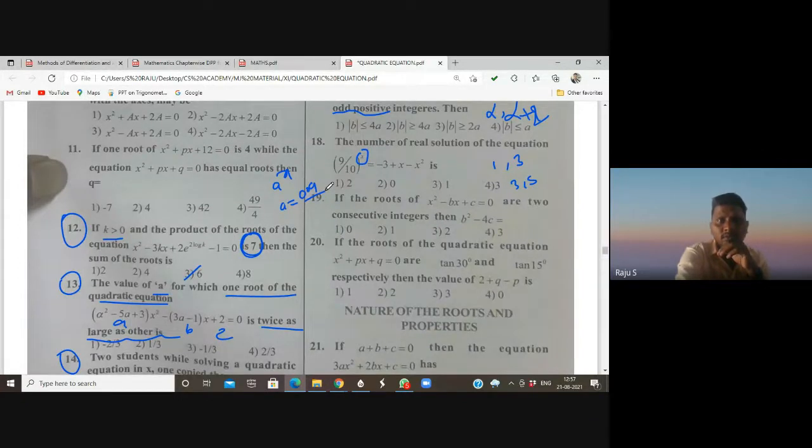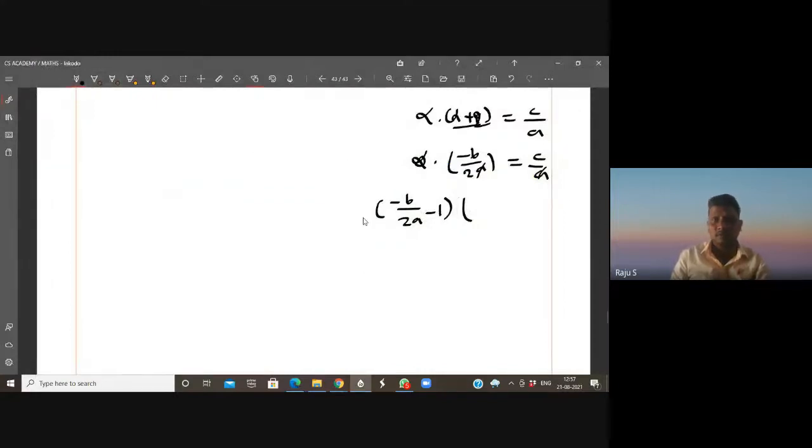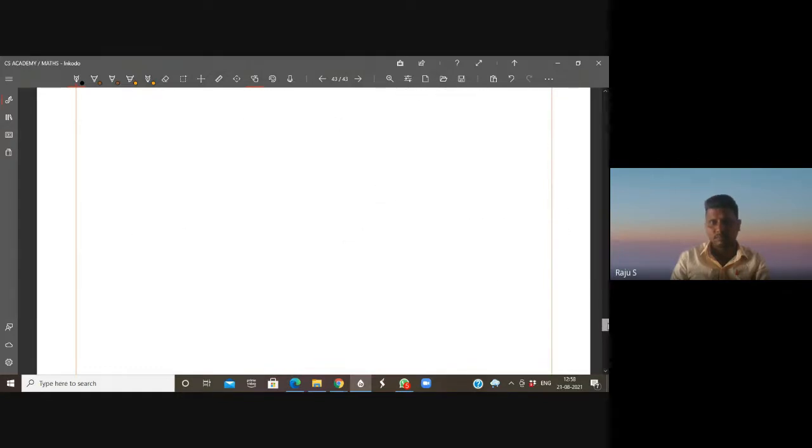Clear? Then whenever your RHS is positive, we should take greater than 0. Like this is positive, meaning minus 3 plus x greater than 0. Which implies RHS also greater than 0.